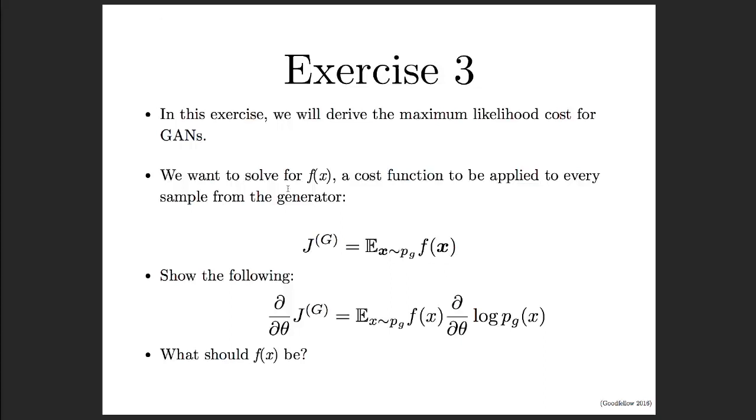As a hint, you should first start by showing the following, that the derivatives with respect to the parameters of the cost function are given by this expectation of f of x multiplied by the derivatives of the likelihood. And if you'd like, you could actually just take that as a given and skip to the last step. At the very end, you should figure out what f of x should be given this fact about the gradients. If you can choose the right f of x, you can get the maximum likelihood gradient.